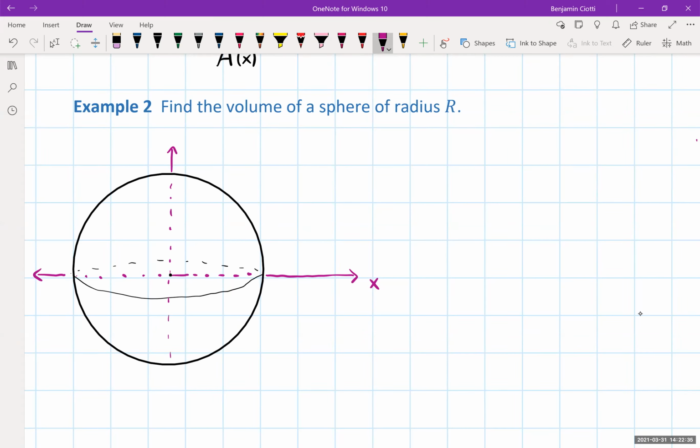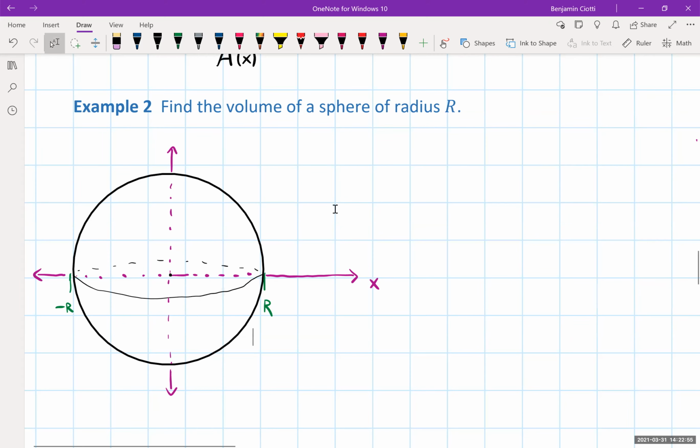Apparently, the sphere extends from a minimum value of -r up to a maximum value of +r, since the radius is r.